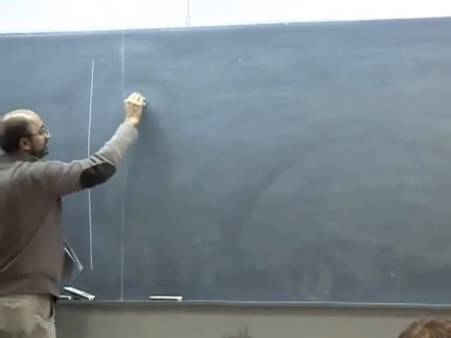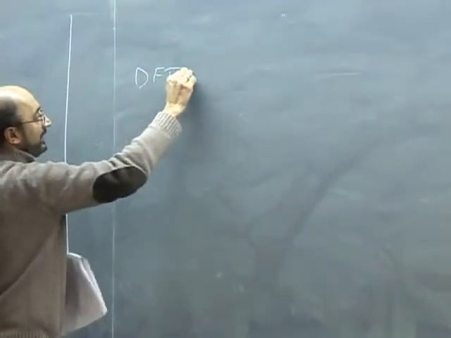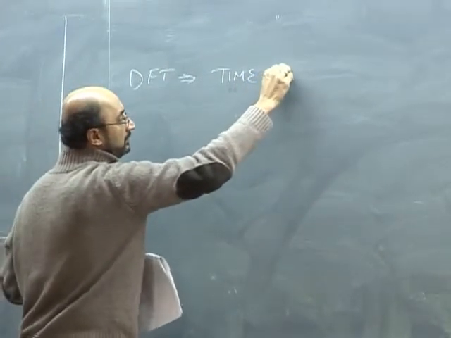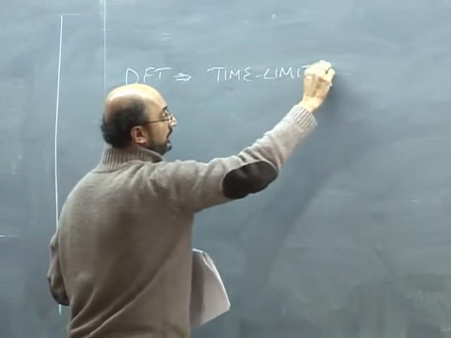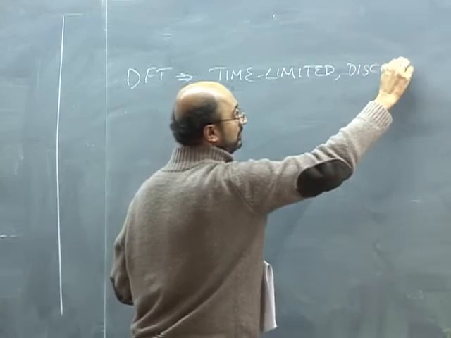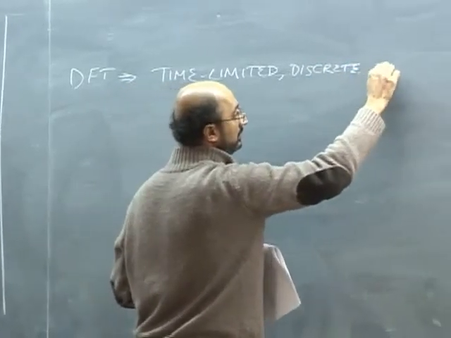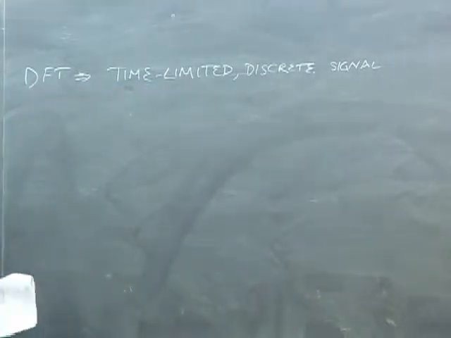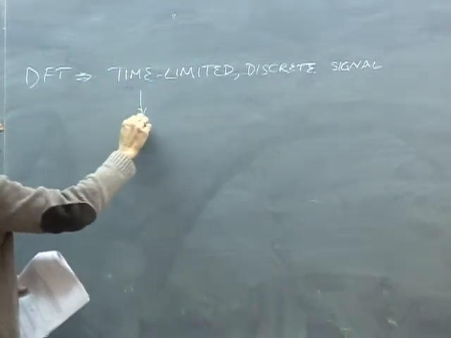So in the DFT, we basically have a time limited discrete signal. And so we can generalize it. We can say what happens if it's unlimited.